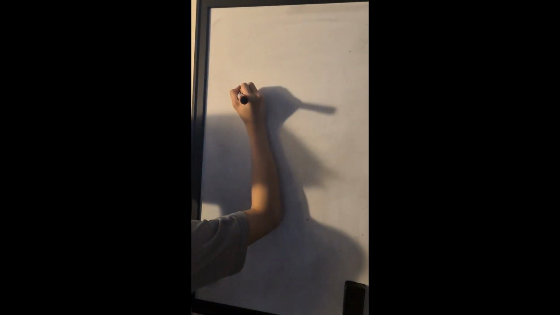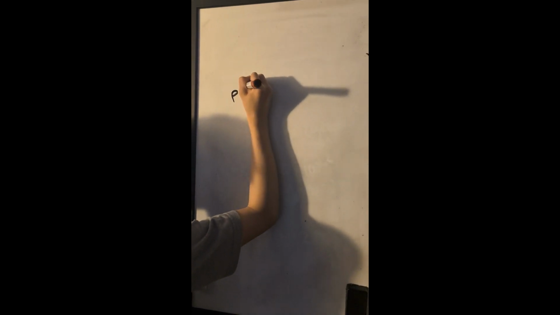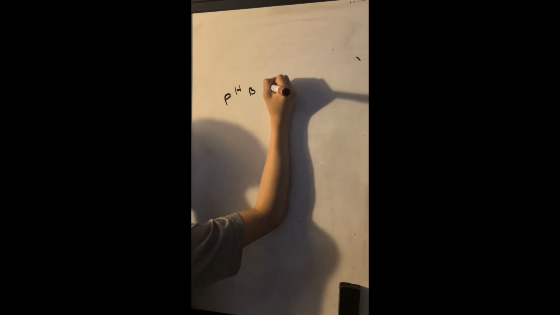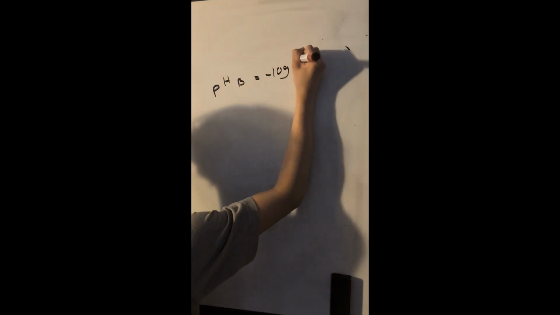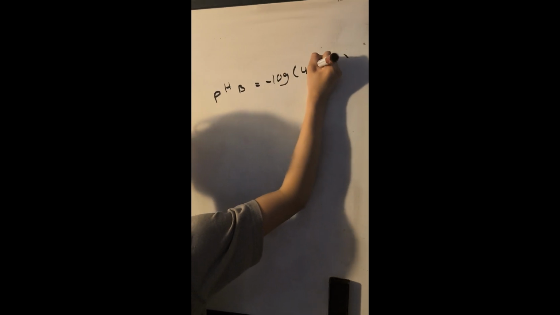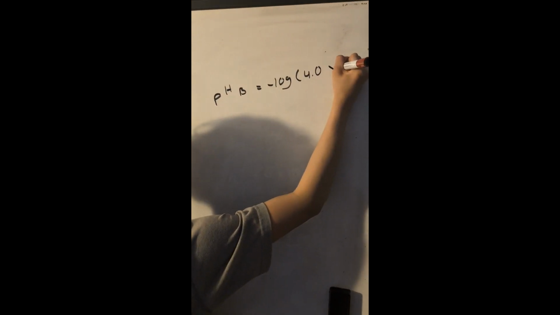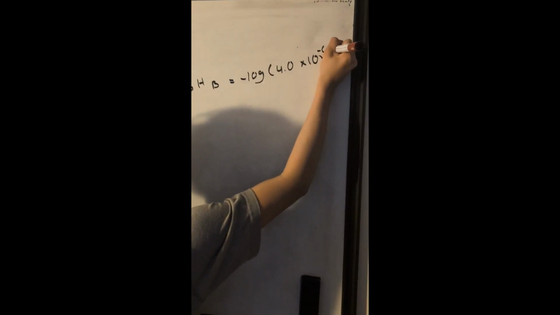Now we have to use the equation pH B is equal to negative log of 4.0 times 10 to the negative 6.